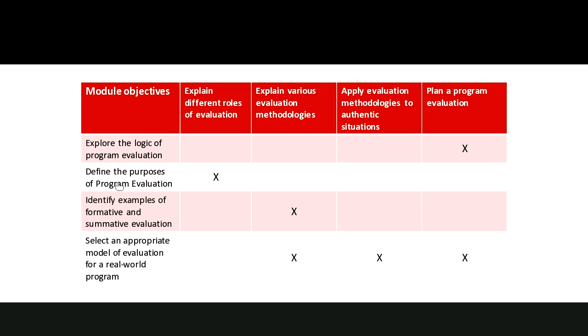And so again, we want to make sure that they align with the course level objectives. So we're just filling in these boxes to make sure that the module level objectives not only align with the course level objectives, but that we're not leaving any gaps.